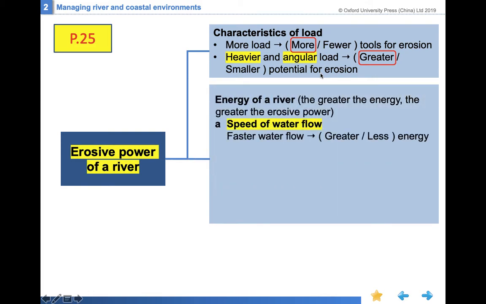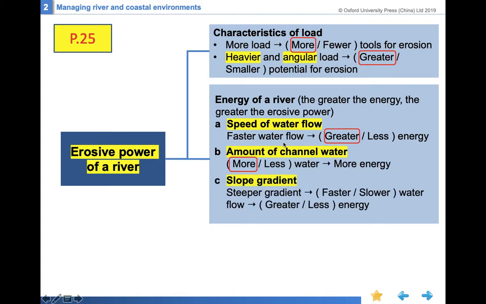If the river has more energy, that is faster speed, more water and a steeper slope, it would cause faster erosion because the energy is greater.